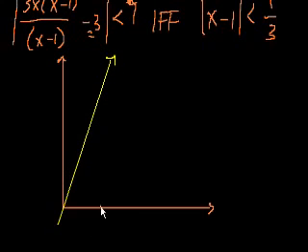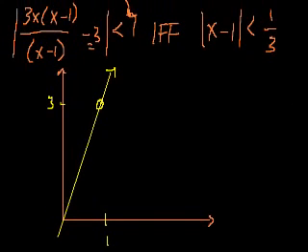And when we're at 1, this point right here, there's a hole, right? This is 3. So if you said that you wanted to be within 1 of our limit point, that's like you giving me an epsilon of 1. So if this distance right here is 1, which would be a pretty big number.